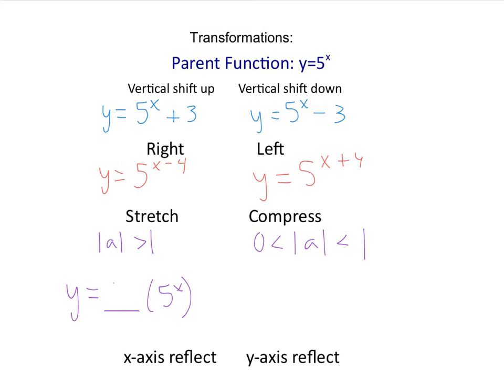So y equals, this could be like 2 times 5 to the x. Okay? And a compress, y equals, again, I would need 5 to the power of x somewhere in my equation. And this now needs to be a number between 0 and 1. So a could be like 1/2. So any type of fraction would be between 0 and 1.